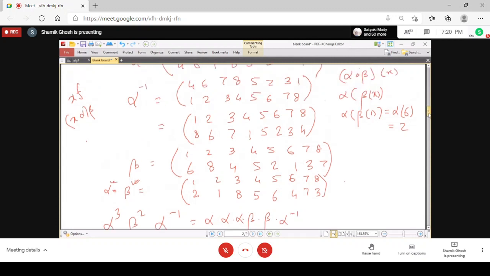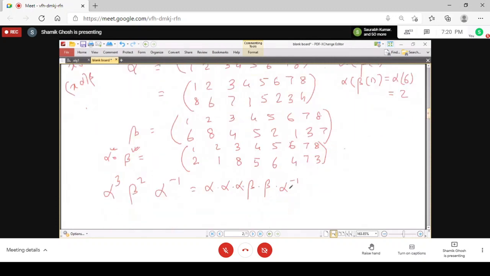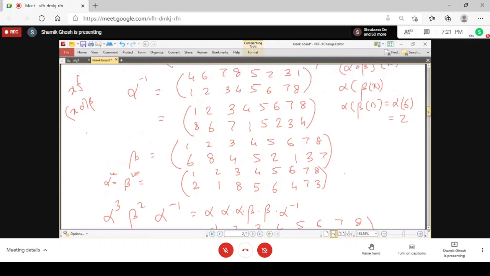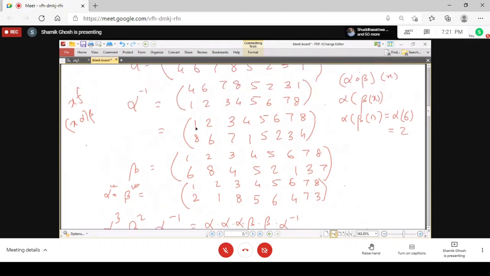Then you see that since alpha inverse is the rightmost one, it will be applied first. First we write down the usual order of elements, and then we start from 1. Under alpha inverse, 1 goes to 8 here. So 8 is the term now.